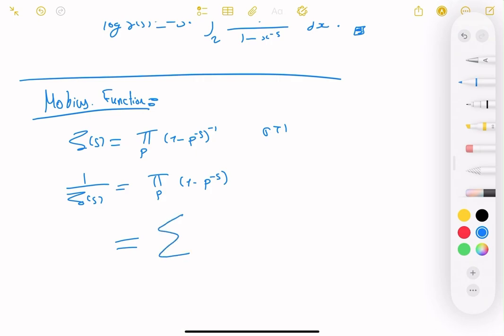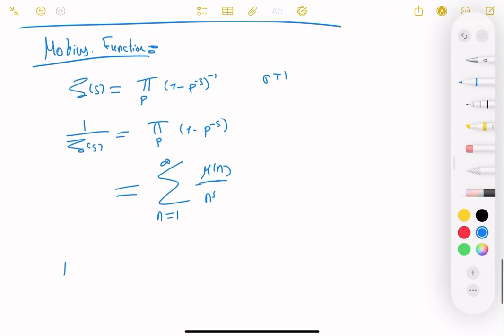this becomes the sum, n equals 1 to infinity, of 1 over n to the s, but now the coefficient becomes mu of n, and mu of n is going to be minus 1 to the k if n is the product of k distinct primes.